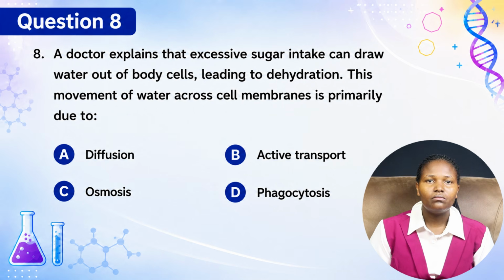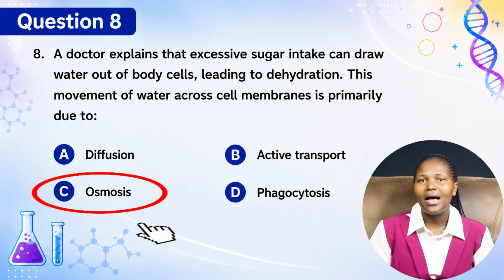Now, for this question, the correct answer is osmosis. Why? Because osmosis is the movement of water through a partially permeable membrane. You see, when there is movement of water in cells, there is a semi-permeable membrane, so that is why water is moving. So the correct option is C.